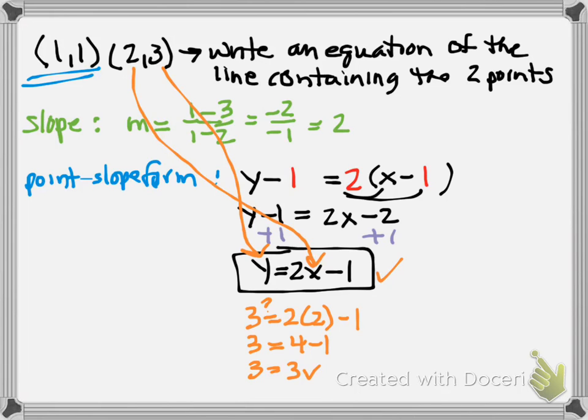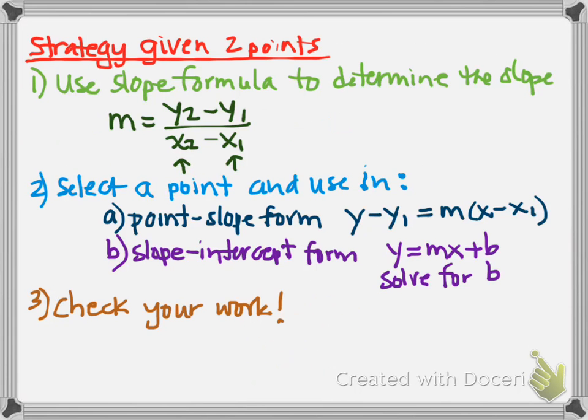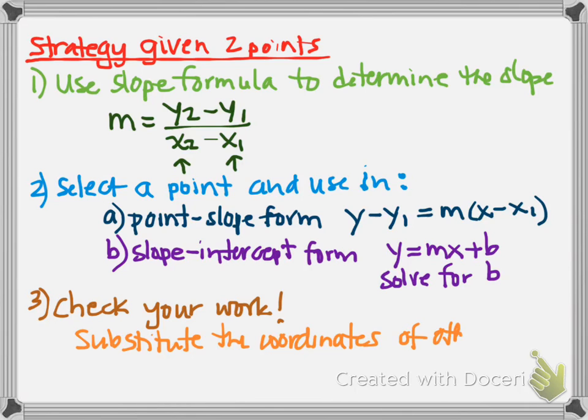So we're going to go back to the other page. And how we check our work is we're going to substitute the coordinates of the second point, or the other point, into the equation to see if it is true.